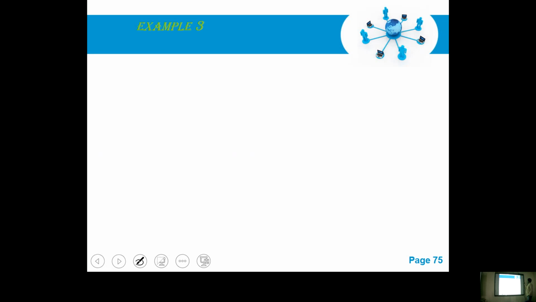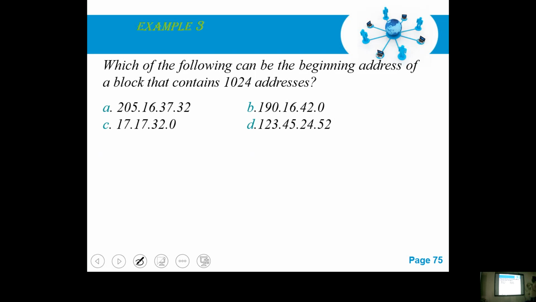What's the time? Okay, we shall stop soon. Which of the following can be the beginning address of a block which contains 1024 addresses? Now what do I have to do? Can I divide by 1024 directly? No. Then what should I do? How can I represent 1024 in dotted decimal?